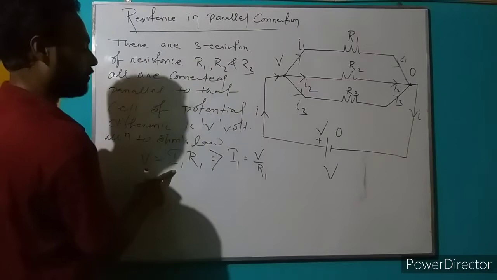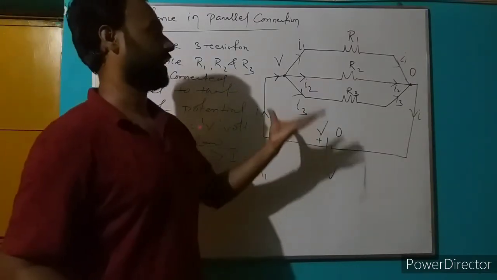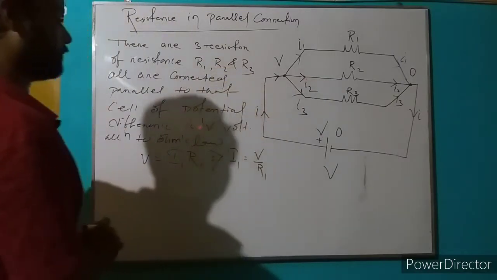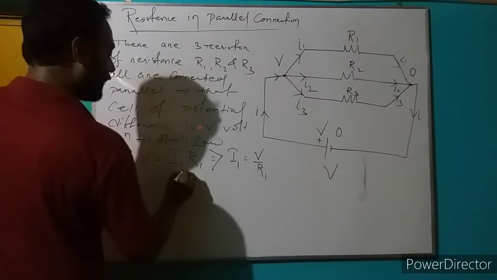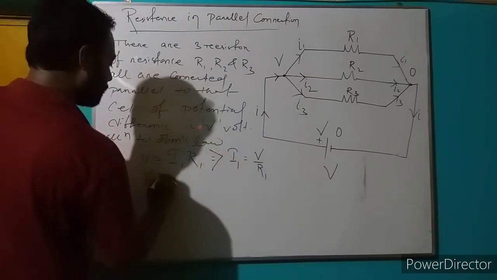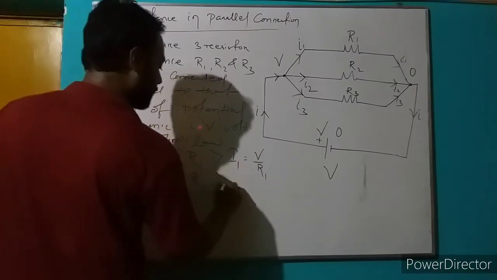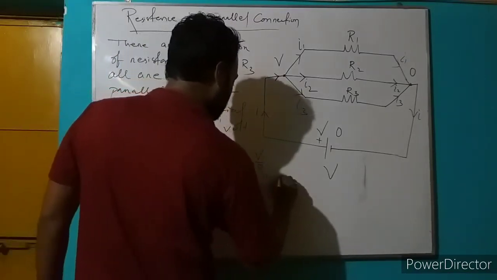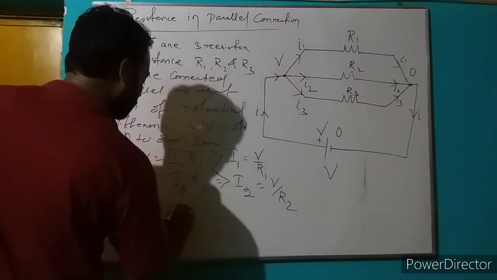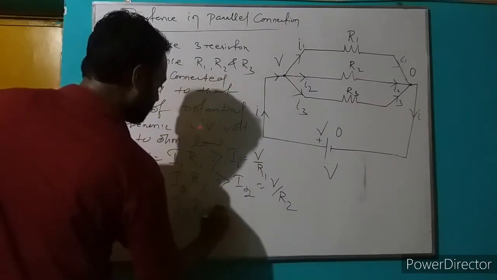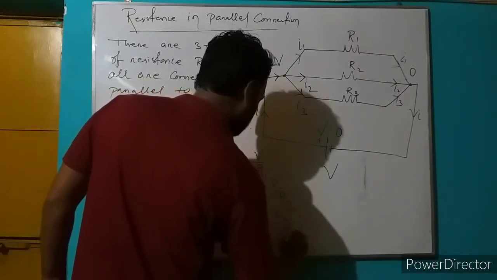That means I1 equals V by R1, because potential difference remains the same across each part. So V equals I1 into R1. Similarly, V equals I2 into R2, that implies I2 equals V by R2. Similarly, V equals I3 into R3, that implies I3 equals V by R3.